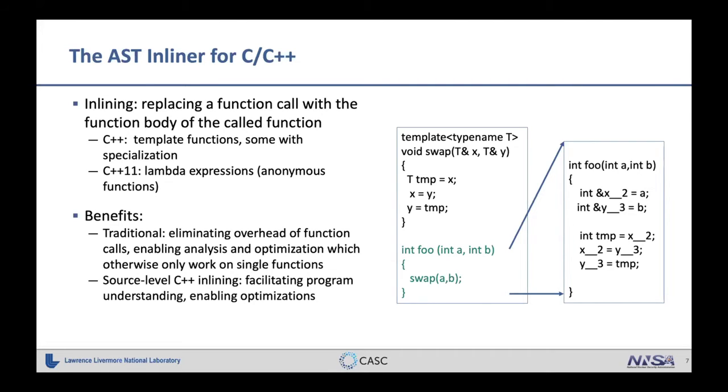And at Livermore right now, the application teams are using high-level abstractions more and more in order to improve the productivity of HPC. Many of those high-level abstractions, in the end, are actual function calls.